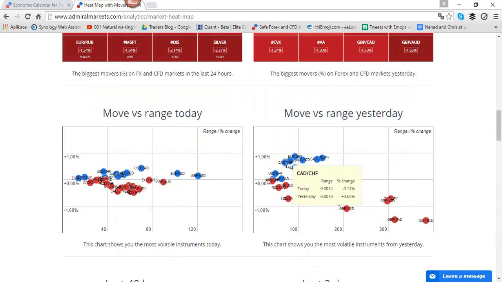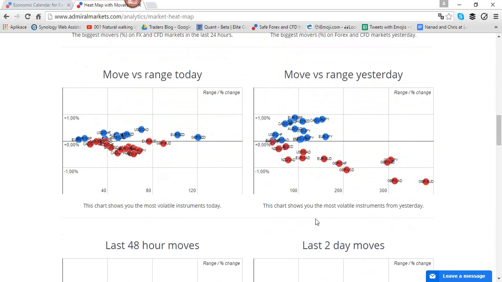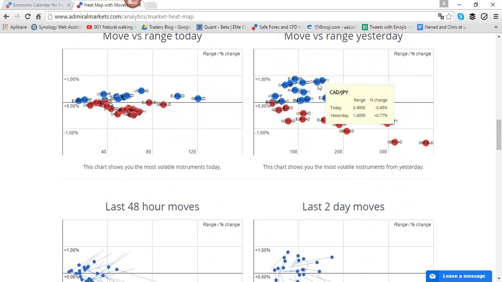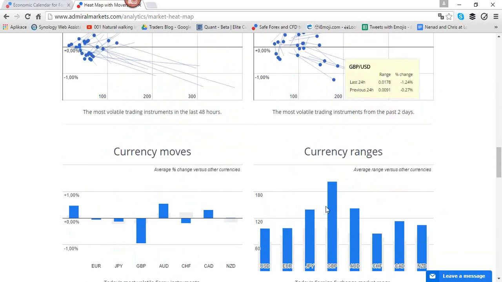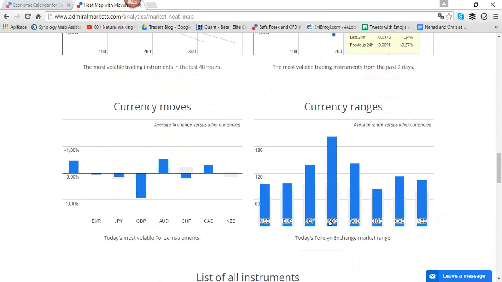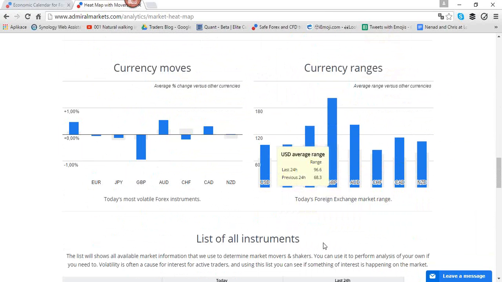Interestingly, the yen did push up and didn't make a strong downside yesterday. Especially CAD/JPY had more upside. Regarding currency ranges, pound is number 1, as we've seen so often, Swiss last, and dollar second to last. Kind of the same repetitive pattern.